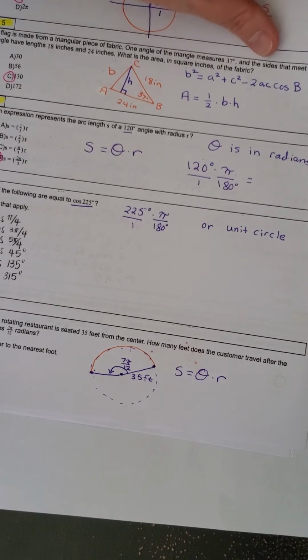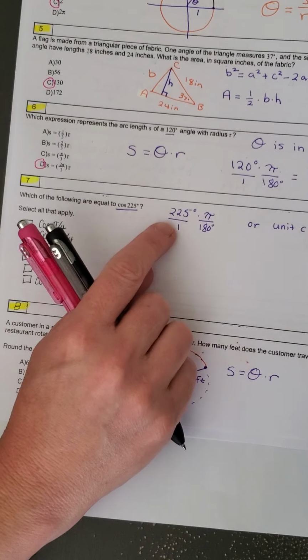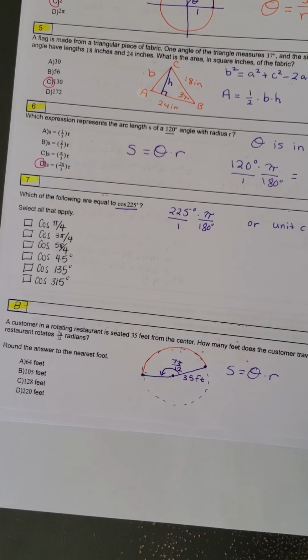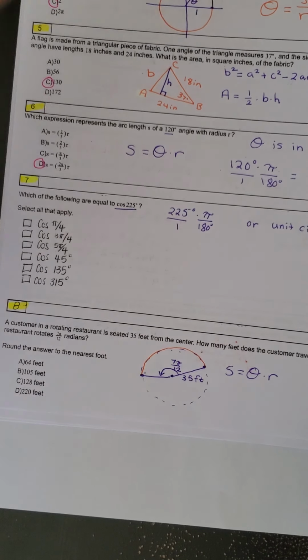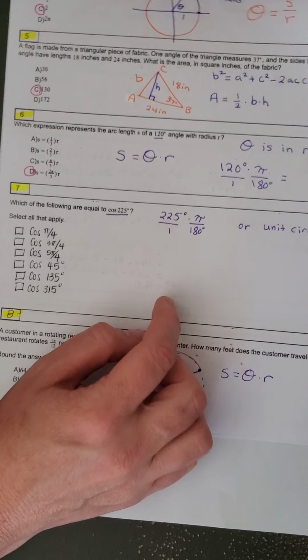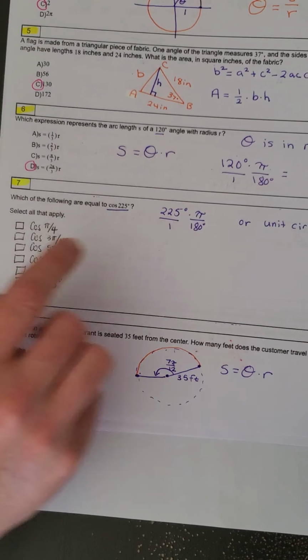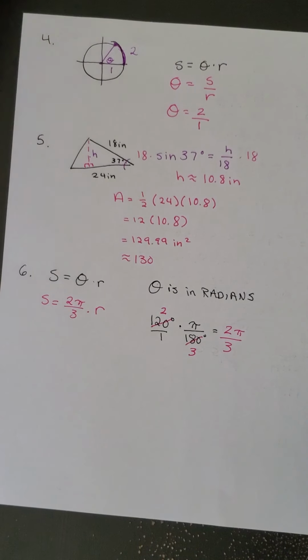All right, which of the following are equal to cosine 225? So one way to do this would be to, as I started to do here, change it into radians. And the other way is to use your unit circle. So I guess if I have my unit circle in front of me, why wouldn't I just use it? All right, so cosine 225, we're going to go ahead and go to the unit circle.